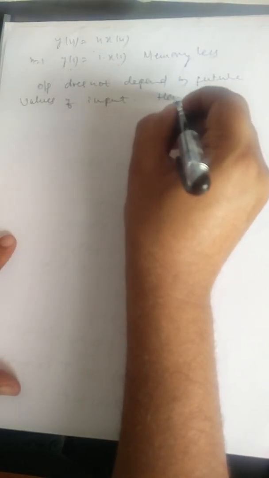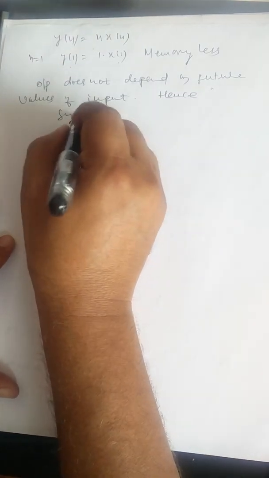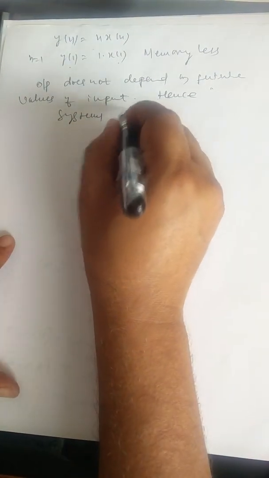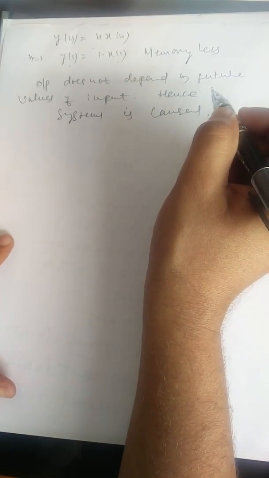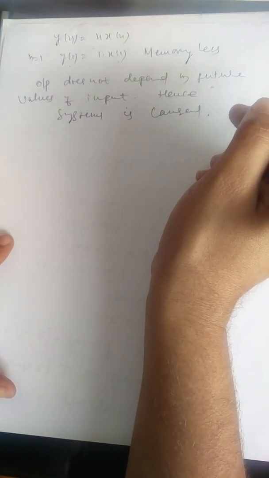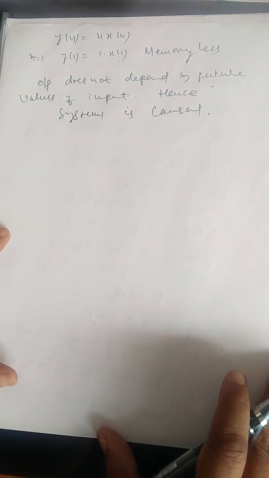Hence the system is causal, and we need to check whether it is memory. Then we need to check whether it is stable or unstable.